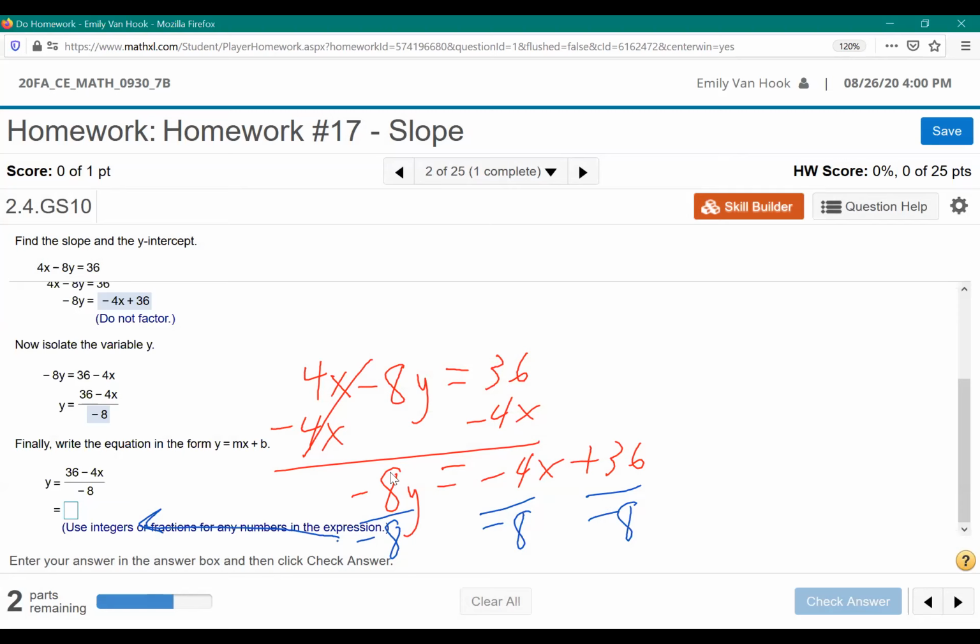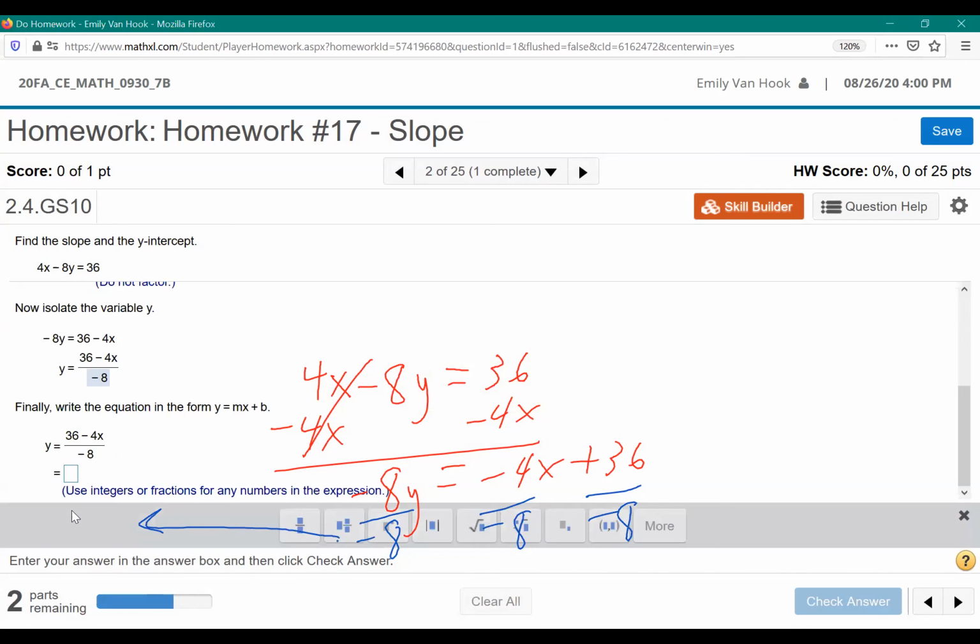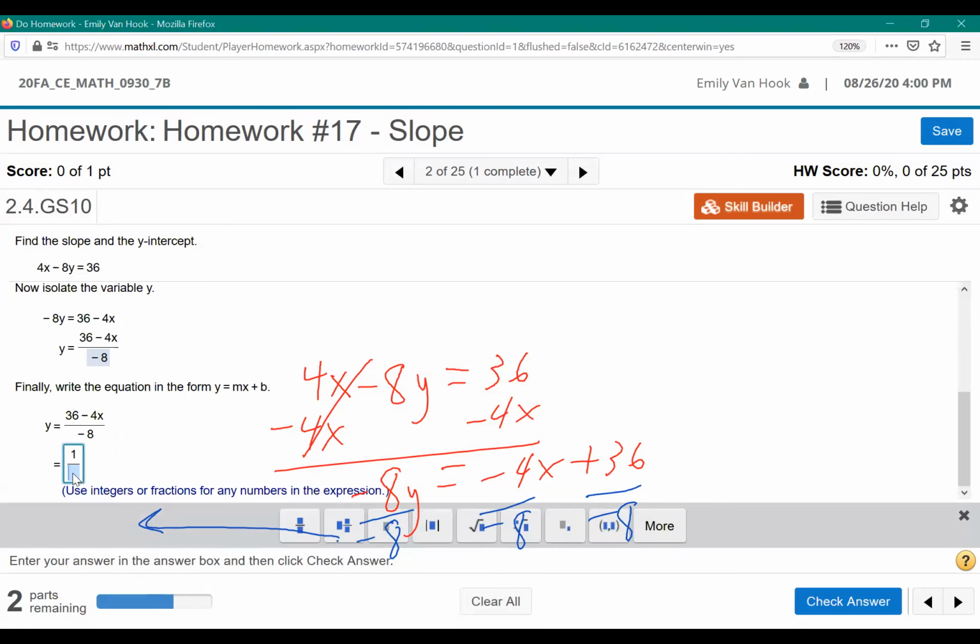So going back to how I've written it over here, dividing each term separately, that means we can reduce each term separately. Okay, so -4x over -8, that reduces to just +1 over 2x. And then 36 over -8, I can reduce those both by 4. So let's write that out.